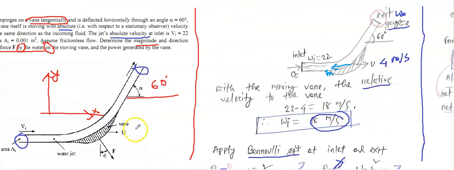Look here how it creates this angle. For the moving vane, this is the force acting this way, so it should be the Fx force and the Fy force. You see, it creates this angle here. So this is actually theta, and this is our horizontal axis.